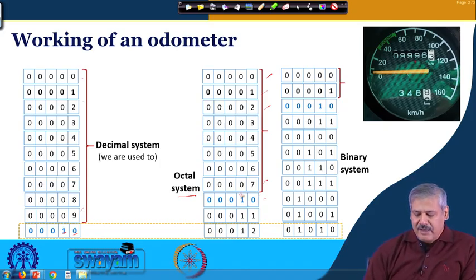So, at that time what will happen? The second place over here, we will say that it is the 8's place. If earlier one was the 10's place, this is the 8's place. That gets incremented by 1 from 0 to 1, and over here it comes 0.